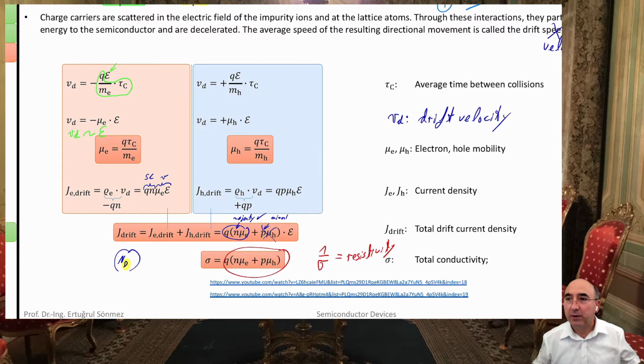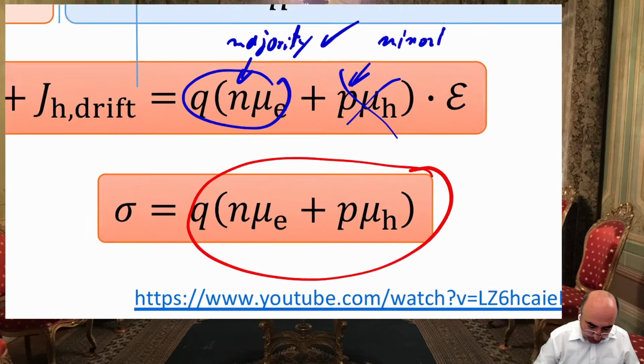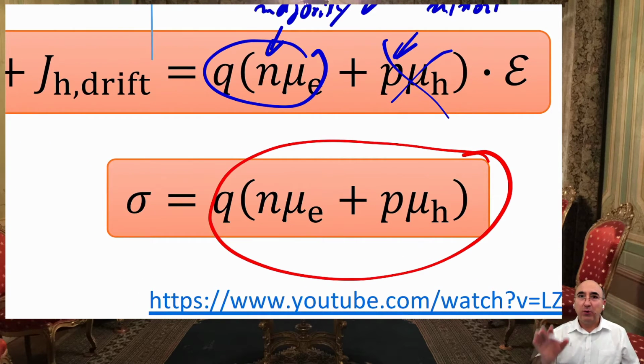Resistivity. So the ohmic law. That's it. So now all you can say about this gives you the resistivity or conductivity.